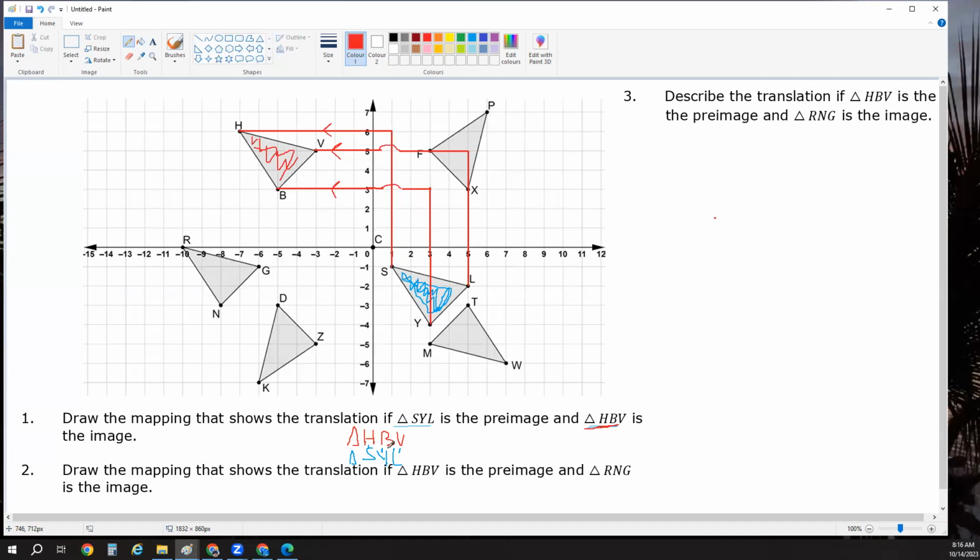You can see if you did it right, you could just count your change in Y and your change in X. So your change in X is 1, 2, 3, 4, 5, 6, 7, 8. I counted that again on another line, and it's 8 each time. So the change in X is -8.